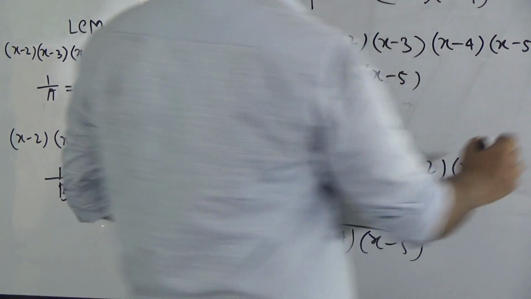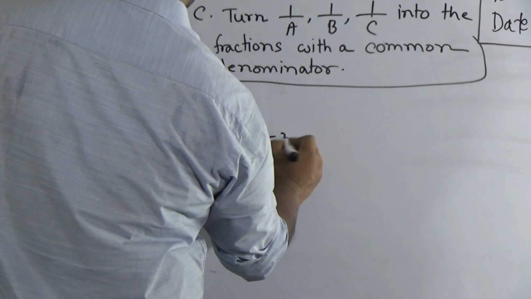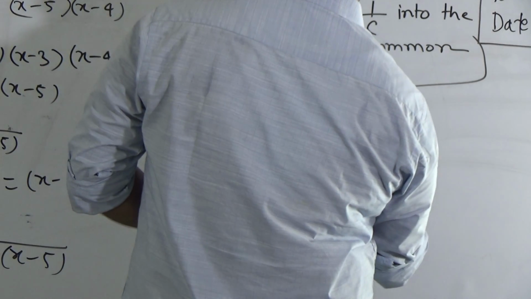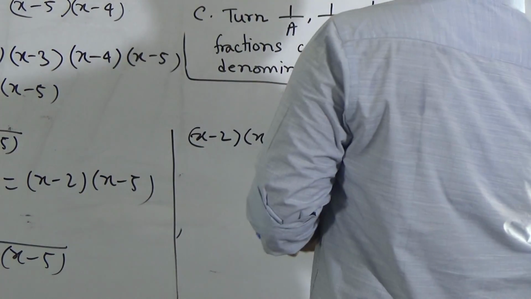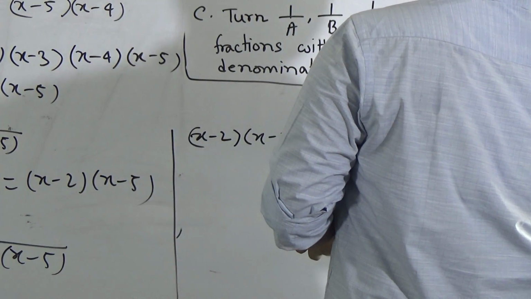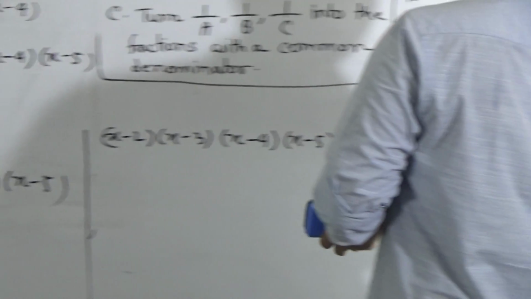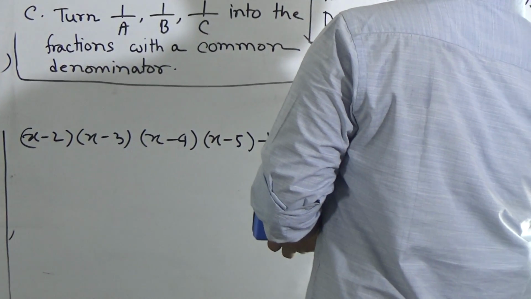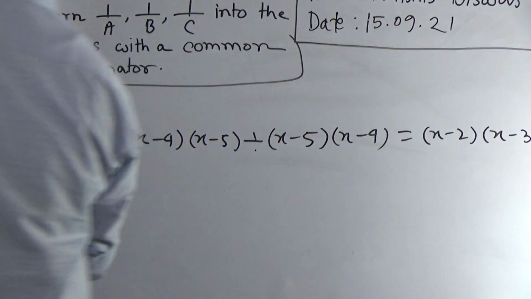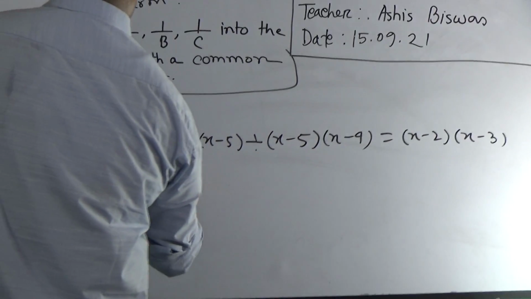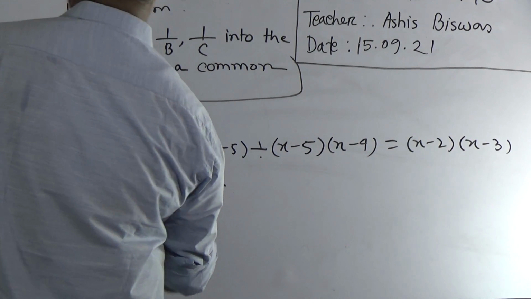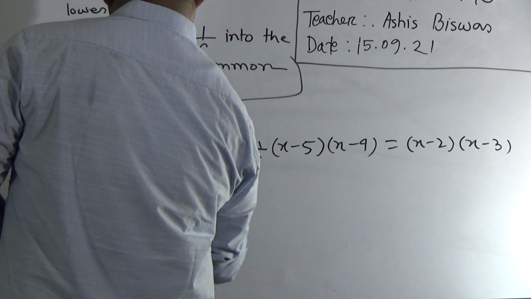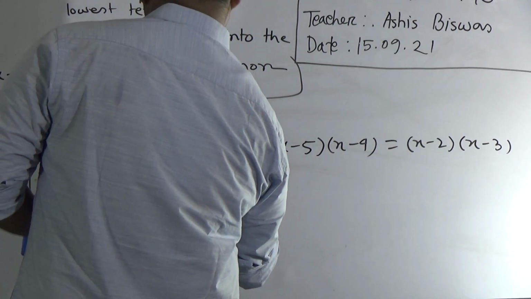We shall do the same work for the third one. First of all we divide x minus 2, x minus 3, x minus 4 and x minus 5 by x minus 5 and x minus 4 and we get x minus 2, x minus 3. This one is multiplied with numerator and denominator both. So x minus 5, x minus 4.